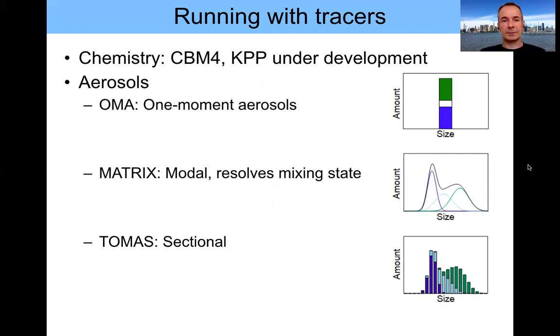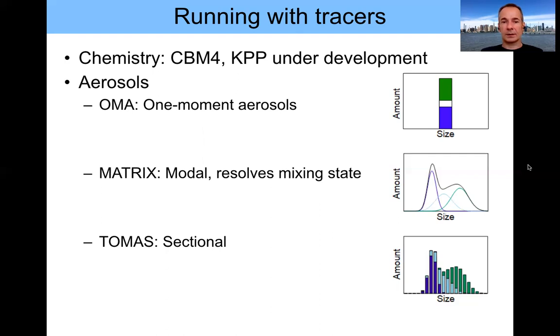We also have a KPP, which stands for kinetic preprocessor, implementation under development. This will allow you to modify the chemistry very easily, or even create a completely new one. But for now, if you want to do gas phase chemistry, you need to read our paper, the 2017 model description, that tells you about the limitations and the bounds you need to pay attention to.